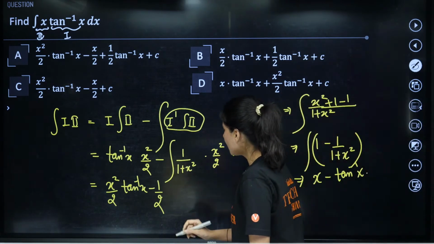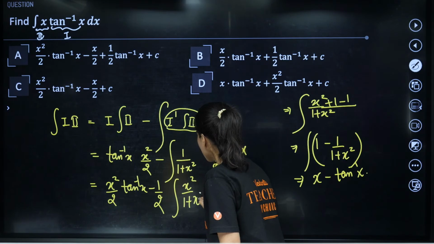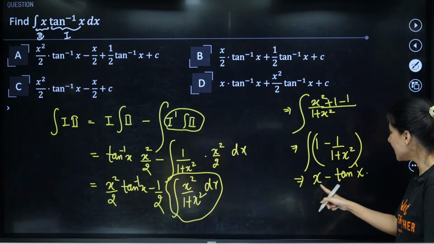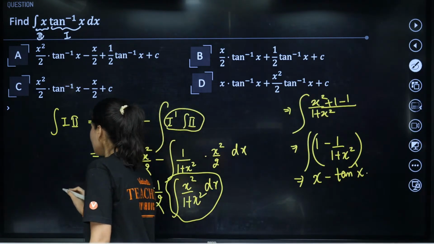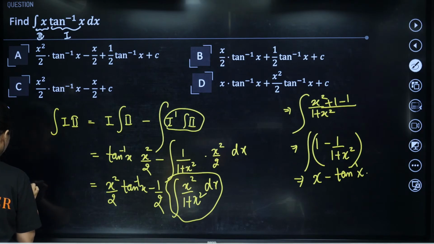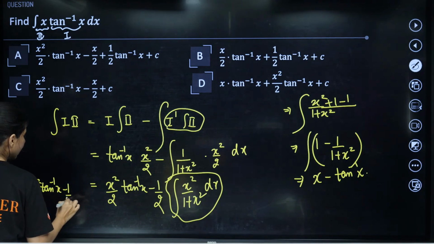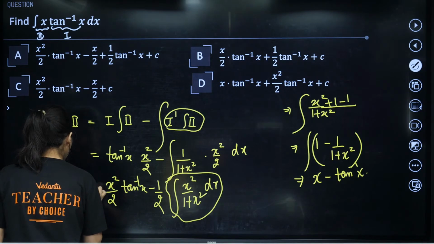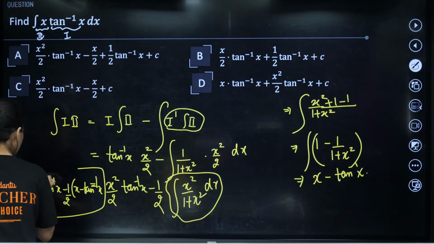So 1 by 2 taken common, integration of x square upon 1 plus x square dx, is x minus tan inverse x. So the final answer will be x square by 2 tan inverse x minus 1 by 2 times x minus tan inverse x. This is the final answer.